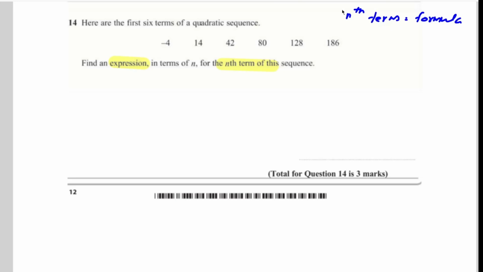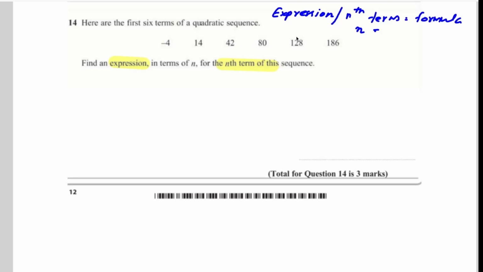So nth term or expression, same thing. Whenever you see expression, nth term, it means formula. What do you mean by n? What's the meaning of n in these sequences?